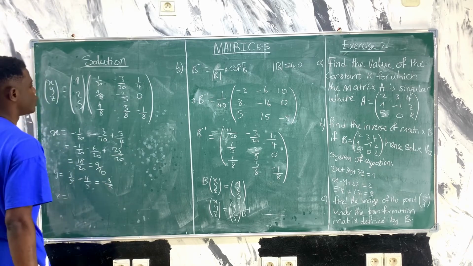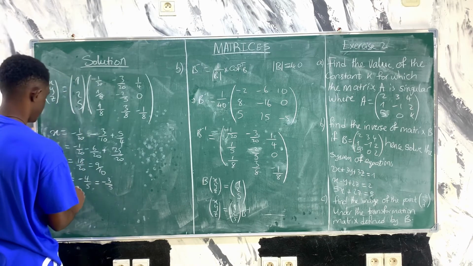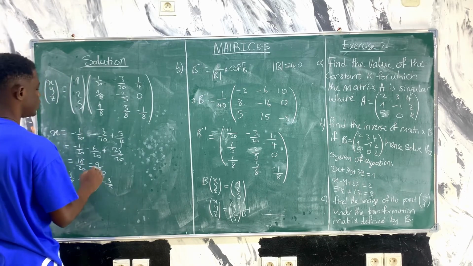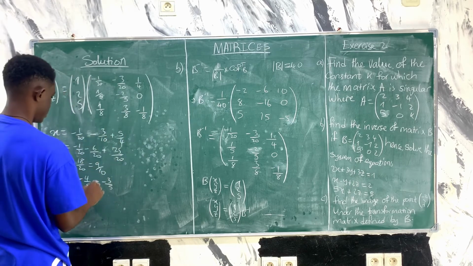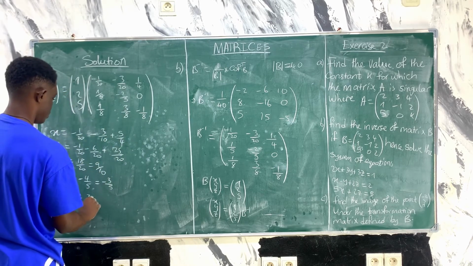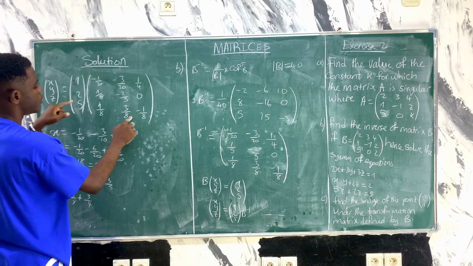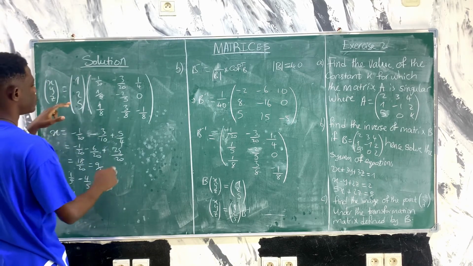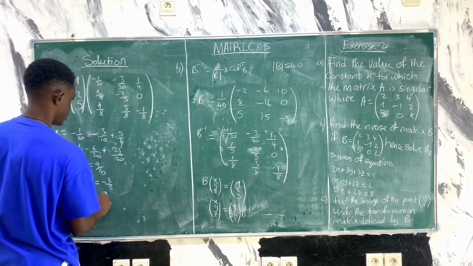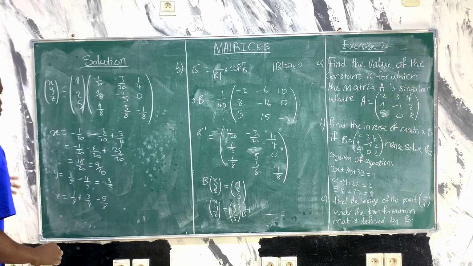So z is equal to 1 on 8 plus this times this, 3 on 4. I simplified already. 2 times 3 is 6. 6 divided by 8 is the same like 3 divided by 4. So minus 5 on 8.